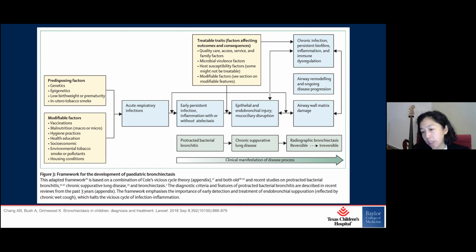A lot of our families don't have the socioeconomic freedom to be able to keep their kids home. But the truth is, if kids stay home, they're going to be less likely to be exposed. You saw that going to daycare is a risk for PBB. So if we are able to affect some of these other modifiable risk factors, we can try.